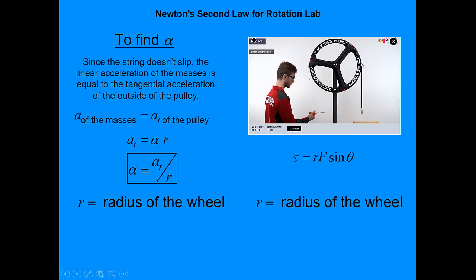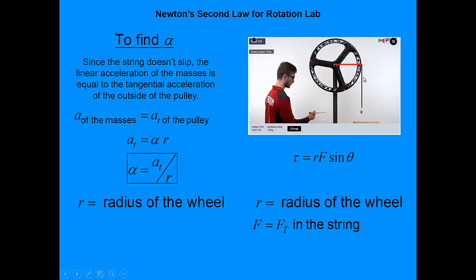The force that's being applied here is the force of tension in the string, of course, which we can calculate now. That was on the previous screen. So we know how to calculate that by using the acceleration of the masses that we can get from the lab. So then what's the angle in between? Well, let me draw in R. R goes from the axis of rotation to the point of application of the force. And what do you notice is the angle?